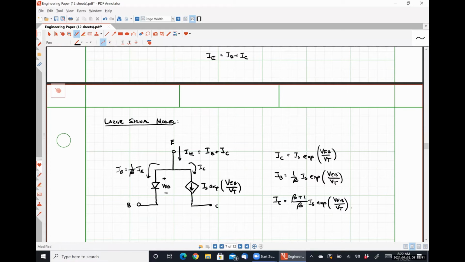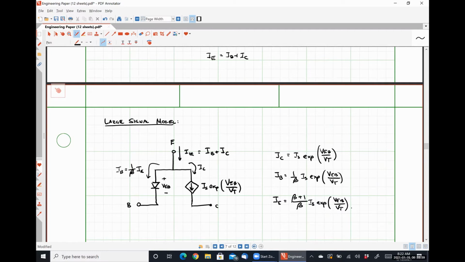Since we have our large signal model pulled up, what do you think is going to happen if we include the early effect in our large signal model? In this case, the emitter-collector voltage causes a change in the collector current.